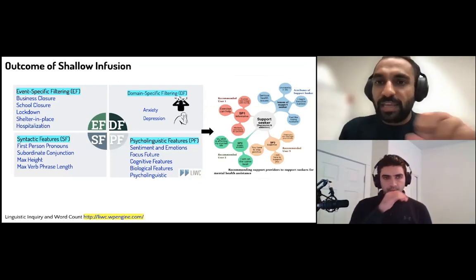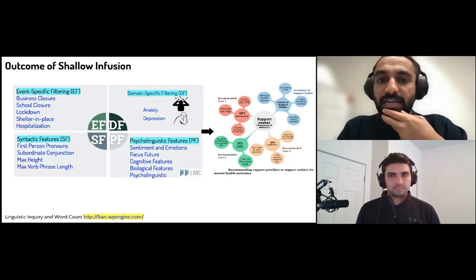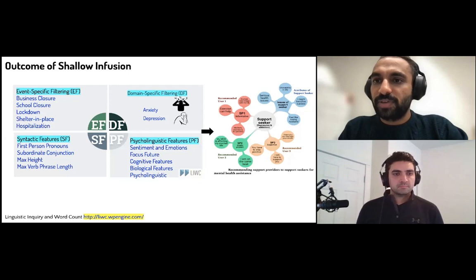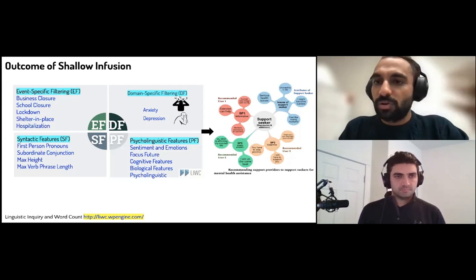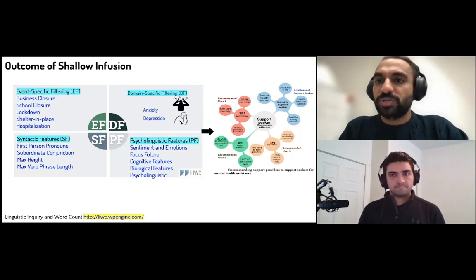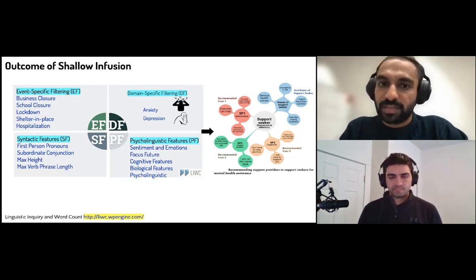So when we have this process, I was amazed to see that annotators also look at these sets of features when they do the annotations. They look at events specific to the context, let's say business closure, school closure within the COVID-19 context, which are called event-specific filters.